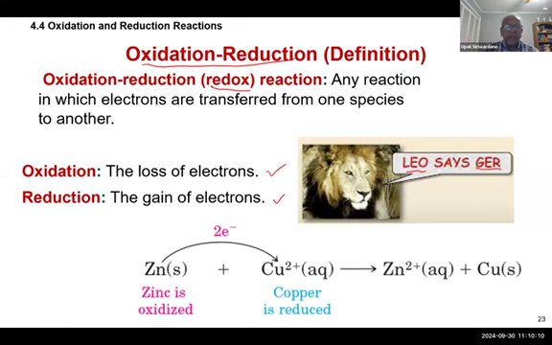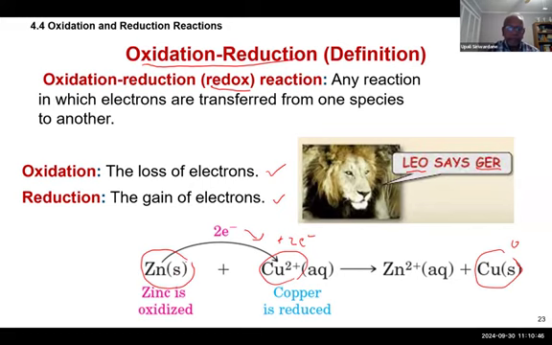You can tell that zinc metal here donates 2 electrons to copper 2 plus. When it gains 2 electrons, copper becomes 0. Copper is neutral now. Now in this case, who's losing electrons?